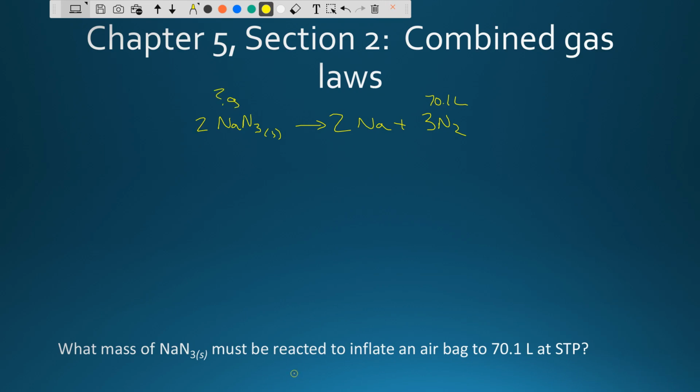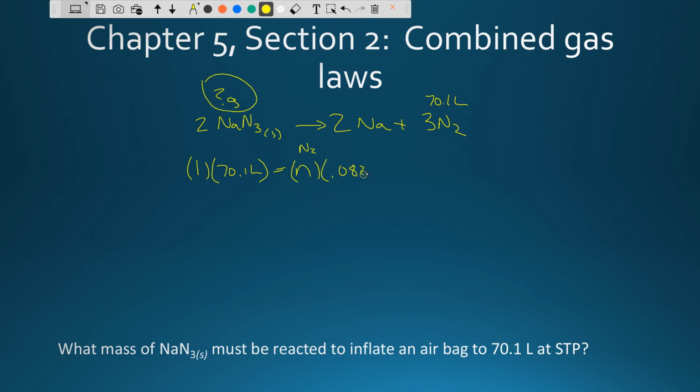Okay, so now we're back on track with everything, and we are at STP with this. We could go a couple different routes with it, but let's just go ahead and use PV=nRT for it. I have at STP 1 atmosphere. I have 70.1 liters worth that I need to produce. This is going to be of my nitrogen gas, remember. So that's my number of moles of nitrogen. Ultimately, I need to get over here, but we'll get that in turn.